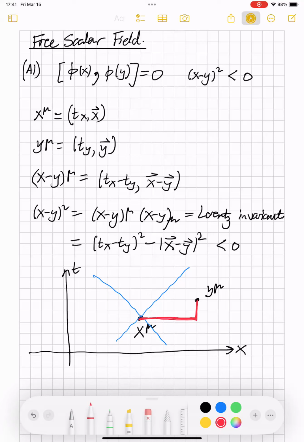What does that mean? That means that, whatever I do at x, it cannot produce a disturbance at y. Now, one of the things I could do at x is measure the value of the field. It cannot disturb the value of the field at y. And from the last chapter, if we want the measurement of 2 observables not to disturb each other, we must ask that they commute.